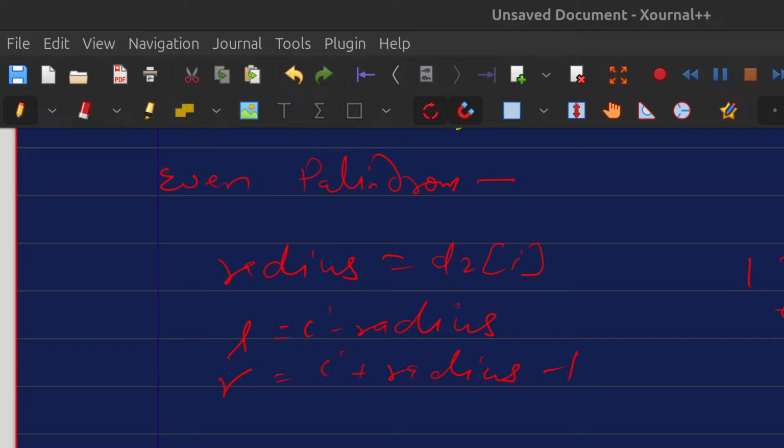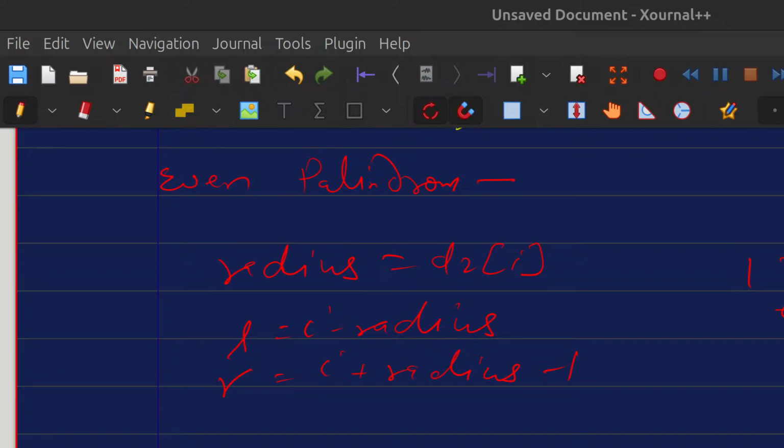Integer k is equal to i greater than R. If it is, then k is 1, else it's a minimum of d1 of L plus R minus i, comma R minus i plus 1.